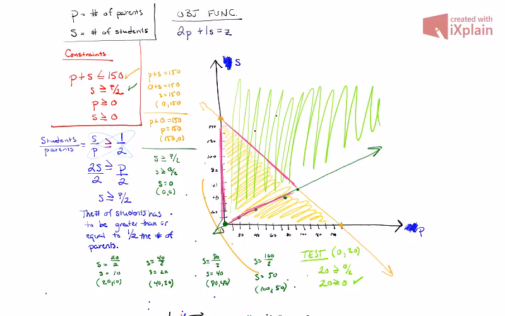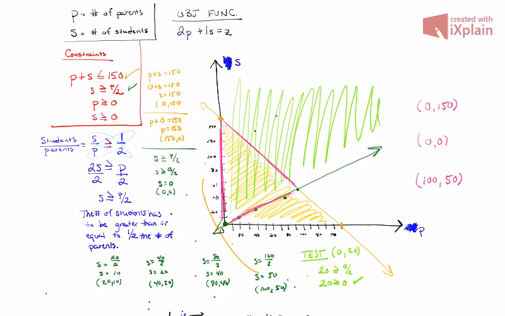The points that create that triangle are at 0, 150, then another point at 0, 0, and then also a point at 150. So we need to decide which one is going to bring us the most amount of money.